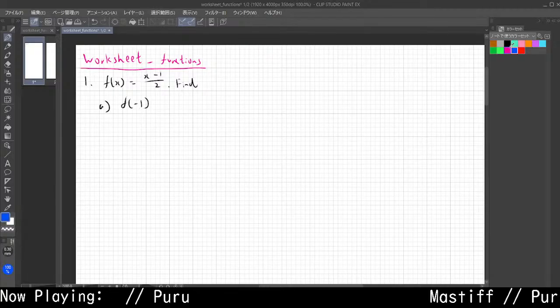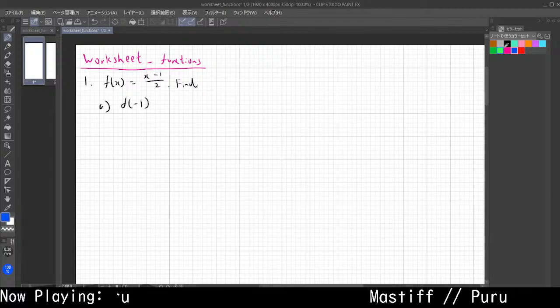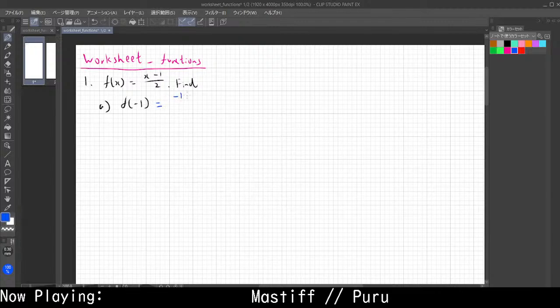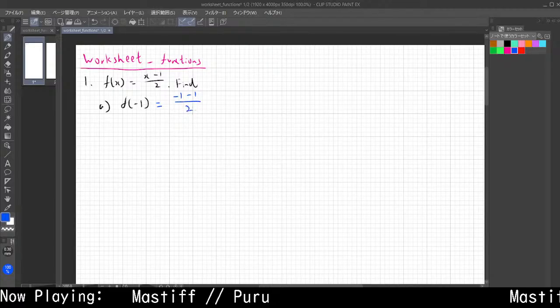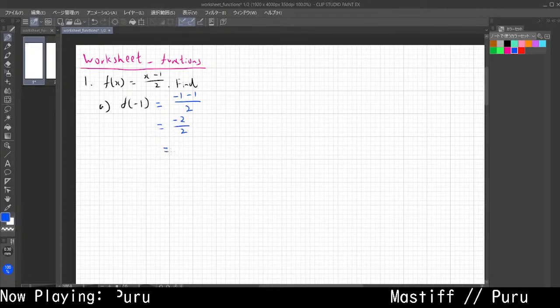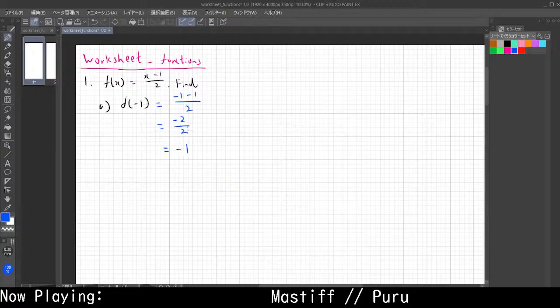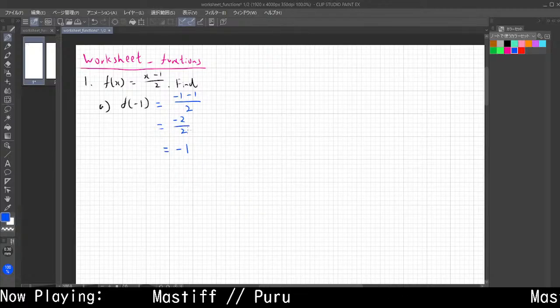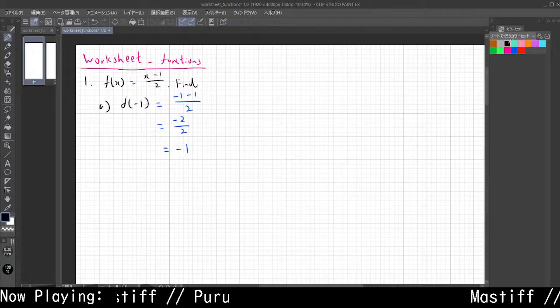So in this case, x is equal to -1. Therefore, this will just be equal to (-1 minus -1) over 2. You replace x with -1. So you get -2 over 2. Then this will turn into -1 to do division. If you are unsure, please put this into your calculator. Okay. So yes. Next.